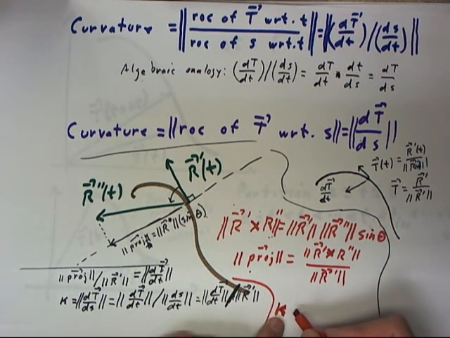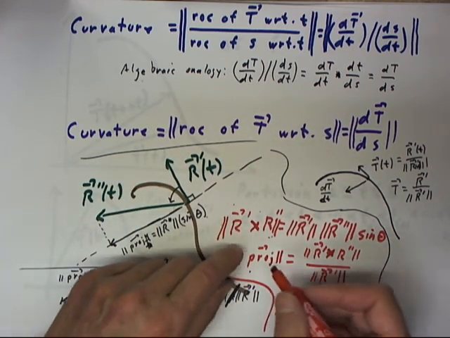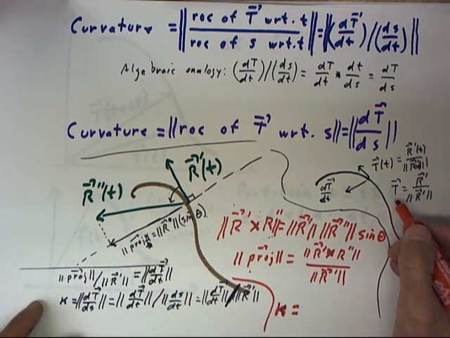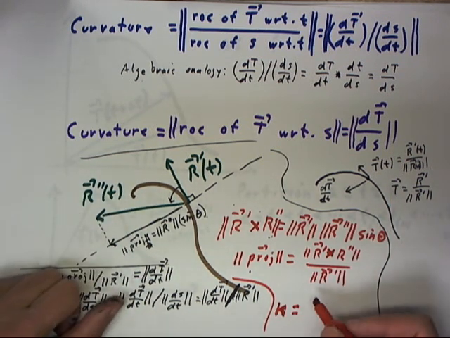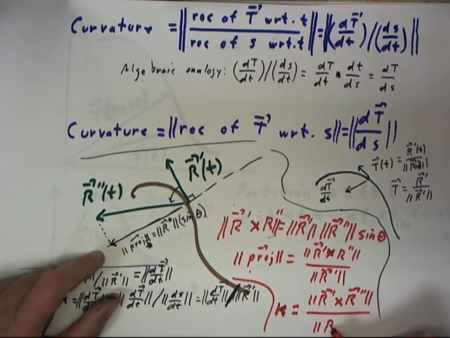Our kappa is our curvature, which is dT ds, and it's going to be this projection divided by r prime to get to our unit tangent vector, divided by r prime again to get from a time derivative to a position derivative. It's going to equal then the magnitude of r prime cross r double prime divided by the magnitude of r prime cubed.